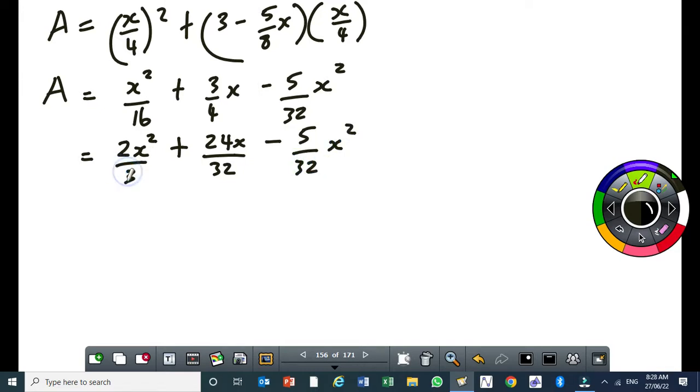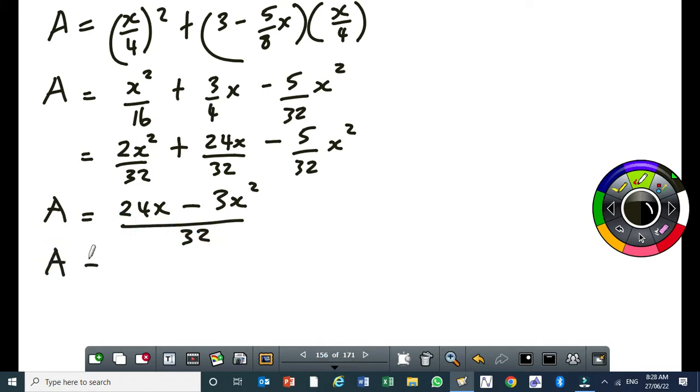So this is all over 32. So it means our area in terms of x, if I simplify it, is 2x squared minus 5x squared, that will give you minus 3x squared. So it will be better to write this as 24x minus 3x squared, and this obviously is over 32.